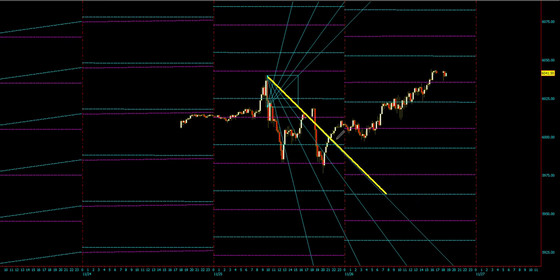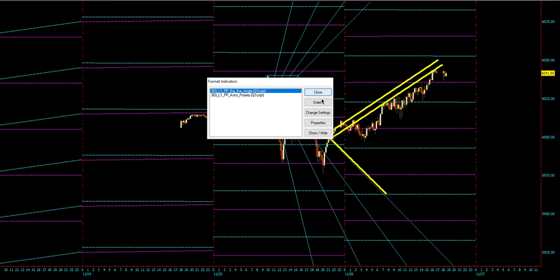Until this point, it attempted to break it, it failed, came down again. So according to Gann, this is a long trade because the trend has changed on the other side. Now you can see it's not easy to trade this way. Why do you think we went beyond Gann? This is the reason.